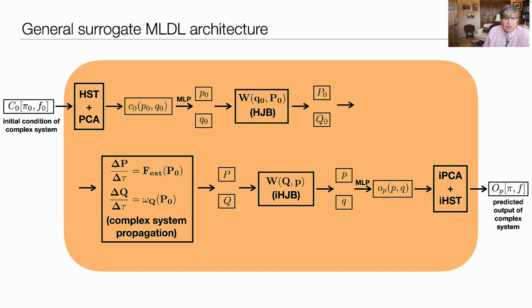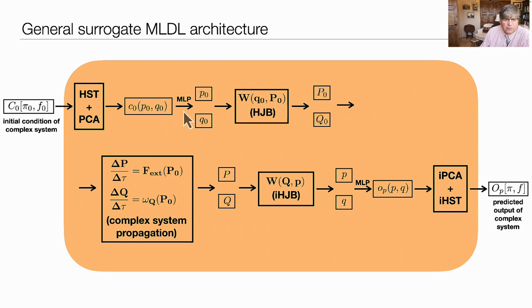Okay, what does this look like in terms of an overall process pipeline, right? For the pipeline to form a surrogate, you start with the initial conditions of the complex system in the collective field domain. You transform that with the Heisenberg Scattering Transformation into the initial conditions in the PQ domain of the individual.